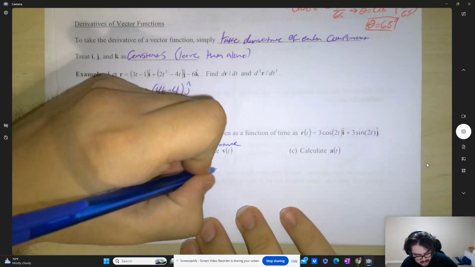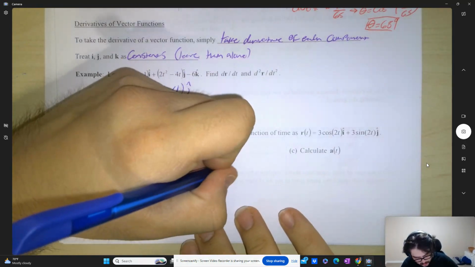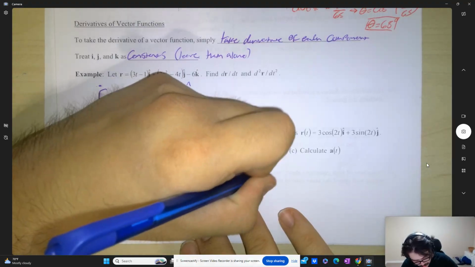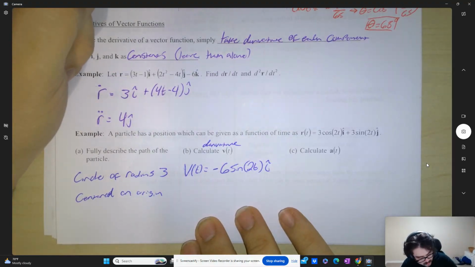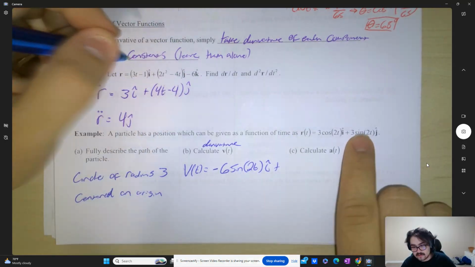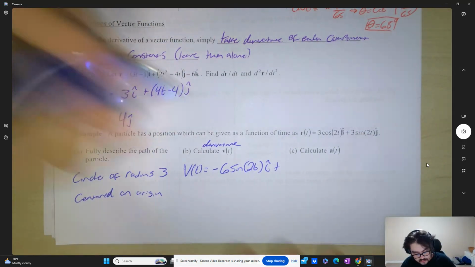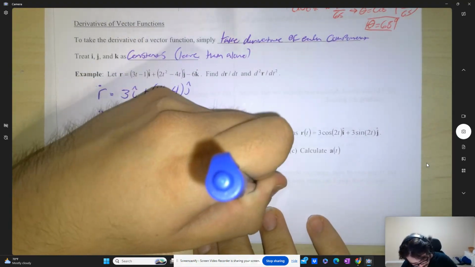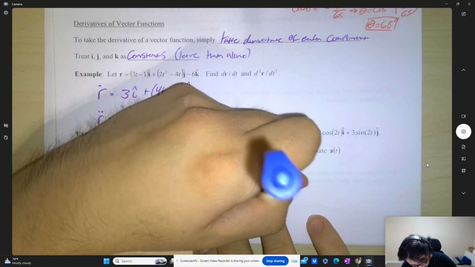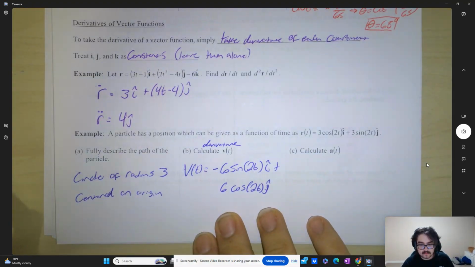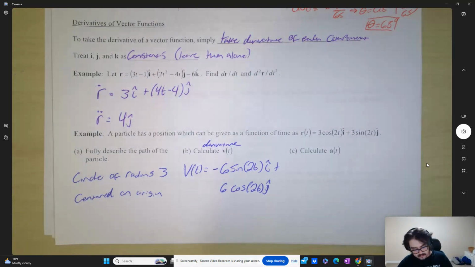And so I would end up getting negative 6 sine 2t i hat. And it's going to look very similar for the other one, but this time you don't have to worry about the cosine switching signs. It'll be 6 cosine 2t j hat.